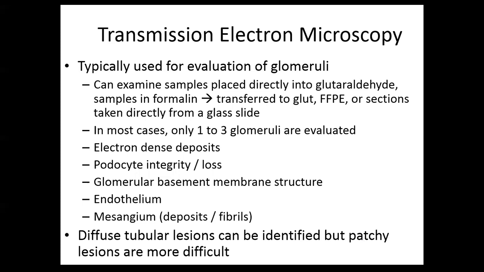So it can be quite difficult to say, well, if I'm looking at patchy tubular injury and I might have had a millimeter cube that wasn't in that area, I would have totally missed it. So patchy tubular interstitial lesions are very difficult to identify, but I've at least tried it a couple of times, and I've been successful occasionally, but it's kind of frustrating, I have to tell you.